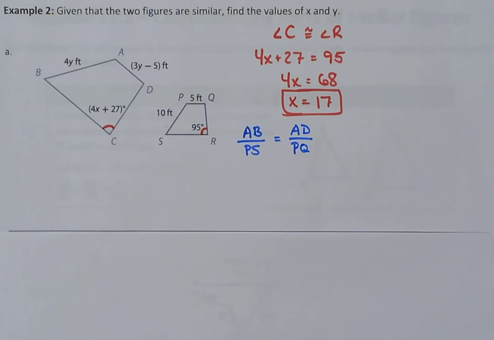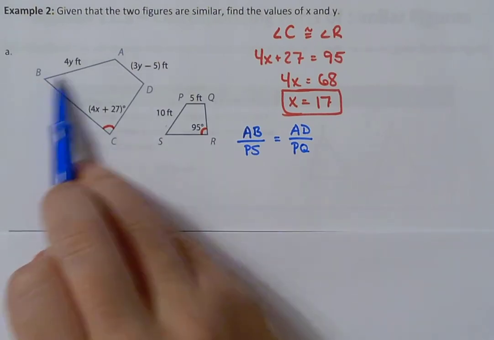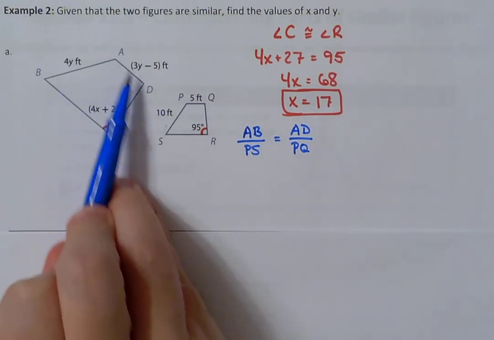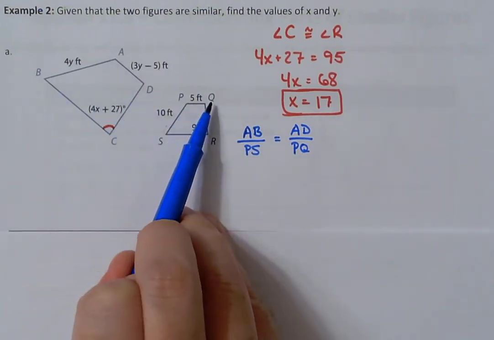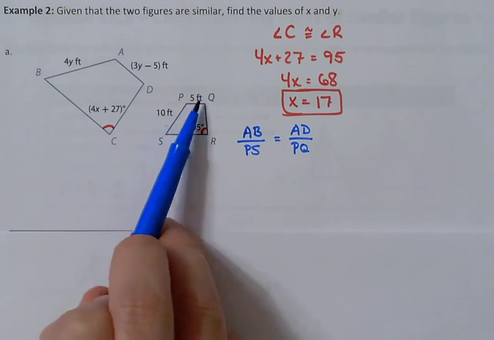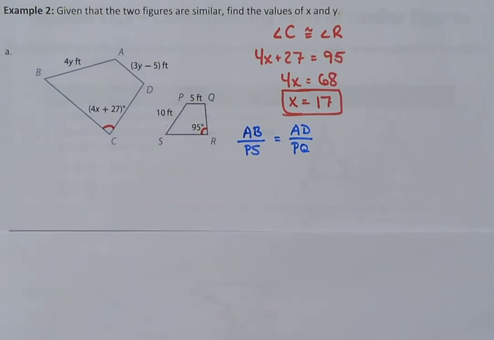So now that I have my proportion set up, where I took AB over PS equals AD over PQ, I just took the sides that were corresponding to each other from the shape. Now we're just going to plug the values in for each side length.